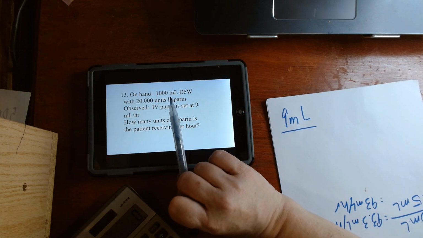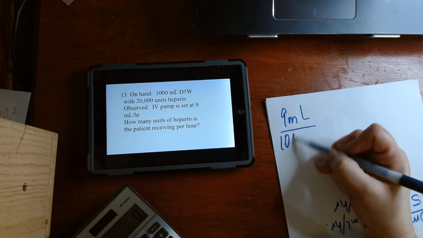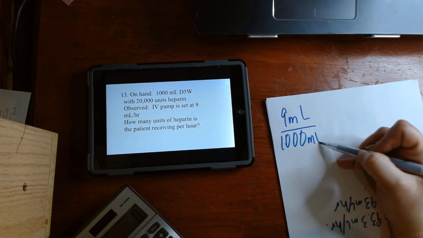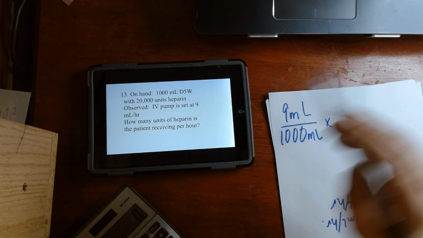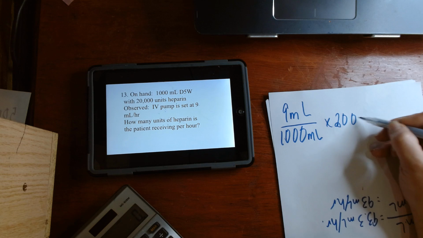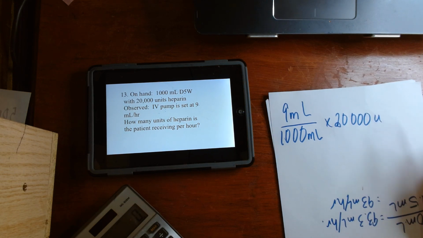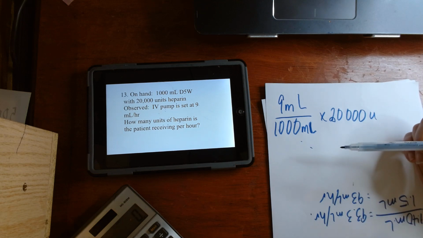I have 1,000 milliliters. You see that? 1,000 milliliters. How does that come? With 20,000 units of heparin. Units. They have to have the same last name. Okay?